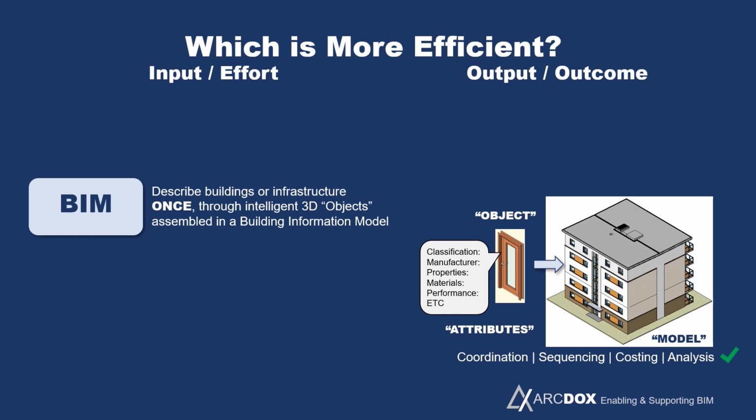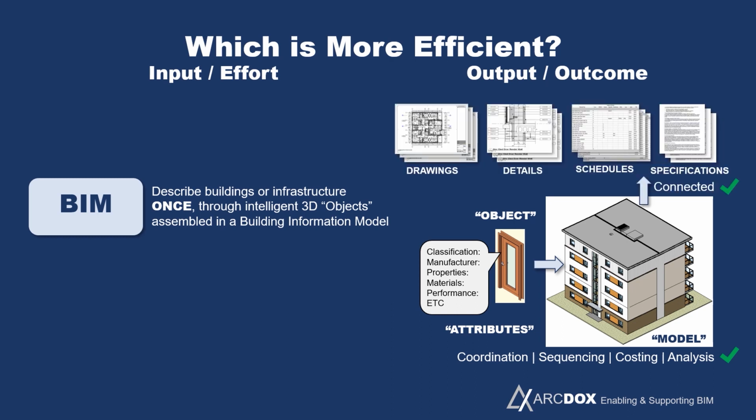And we can even analyze these models in a real world environment. So we can connect it to weather data and geographic data and test for energy performance or structural performance to optimize the design.